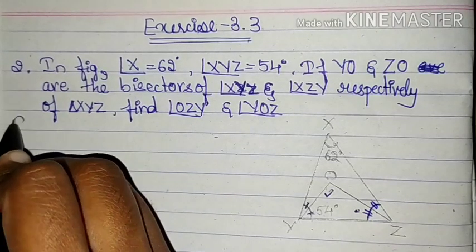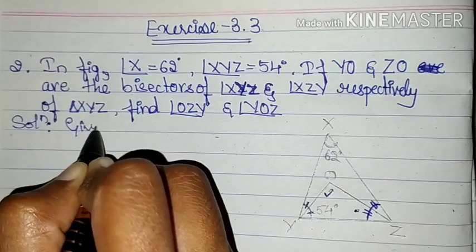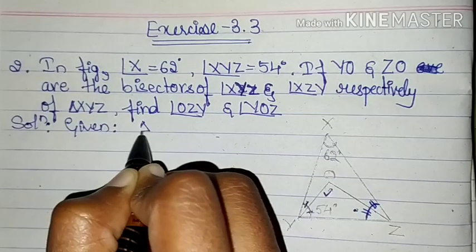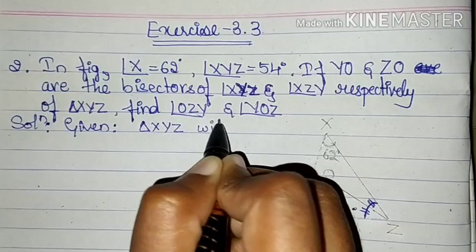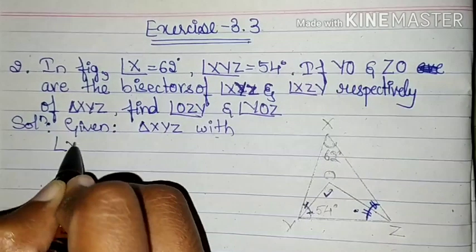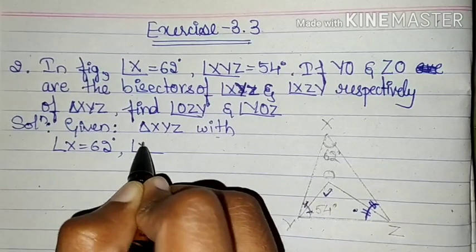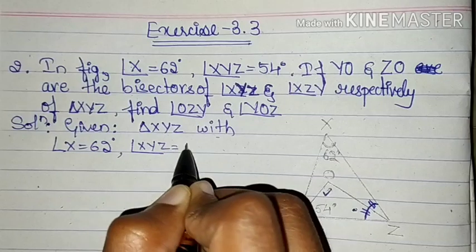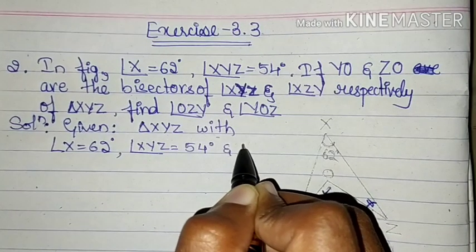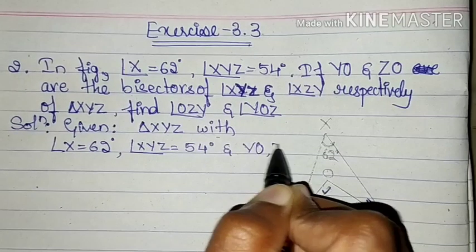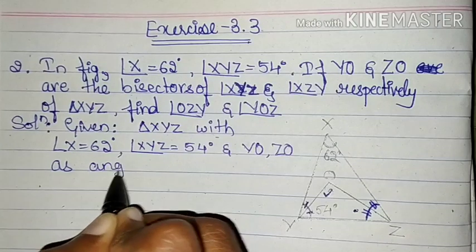So solution: given triangle XYZ with angle X equal to 62 degrees, angle XYZ equal to 54 degrees, and YO, ZO as angle bisectors.